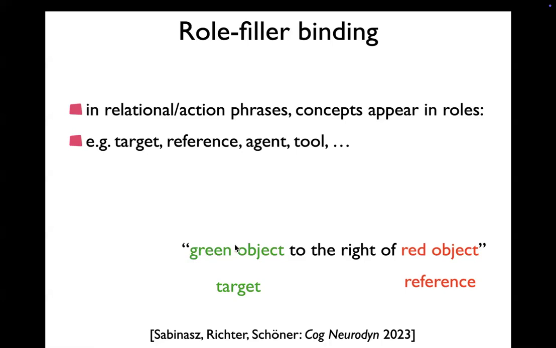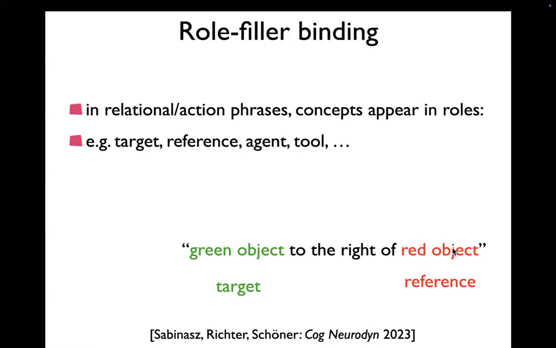Here, and this is the target of that sentence, what you're trying to get the listener to pay attention to, or in your own mind that you're trying to select. While this is called a reference object. That is something that the relationship of being to the right of is anchored in. So it's to the right of that particular object, the red object.